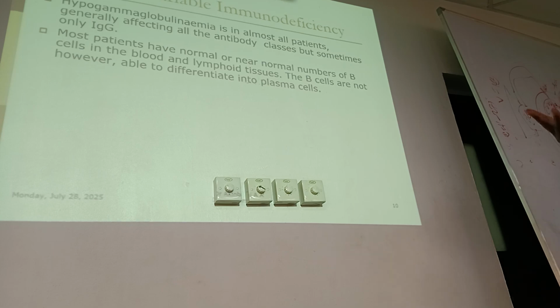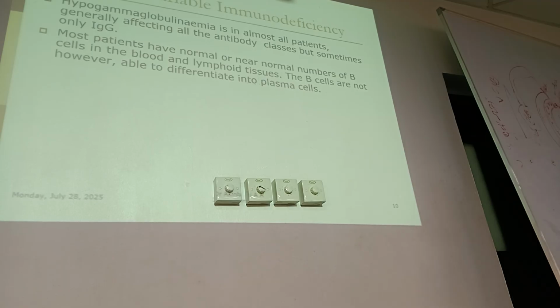But in common variable immunodeficiency, there is no mutation of the enzyme, so you can have B cells, but they cannot produce plasma cells. So it's hypogammaglobulinemia. It's seen in all patients, generally affecting all the antibody classes, but sometimes only IgG.